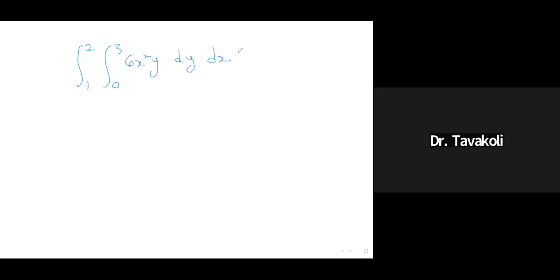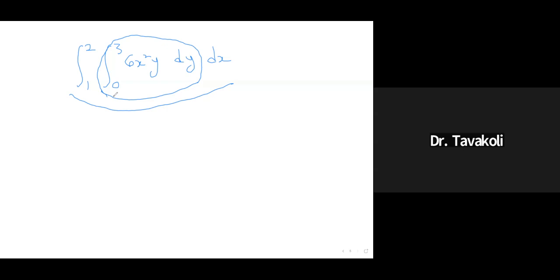I changed the order of dy dx. That's why the integral with respect to y is inside and the integral with respect to x is outside. So I need to do this first, dealing with x as a constant. And then after doing this, I go to the next step and integrate with respect to x.